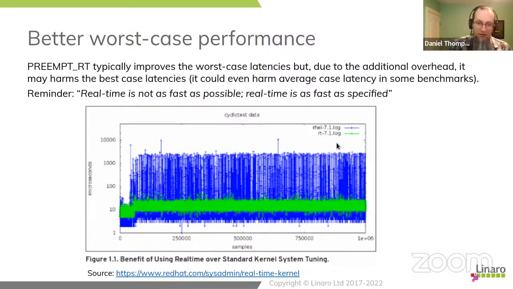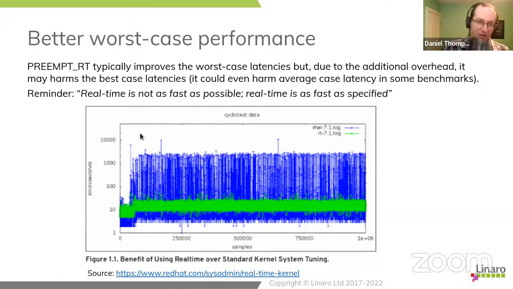And what we see on this particular graph is the dense blue sections at the bottom, which tell us that the best case execution time is in the non-real-time kernel, which is what you expect because non-real-time kernels do not have the same level of overhead. So the best case performance is better in the non-real-time kernel.